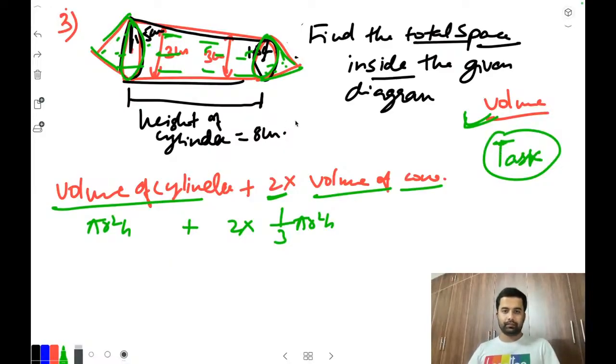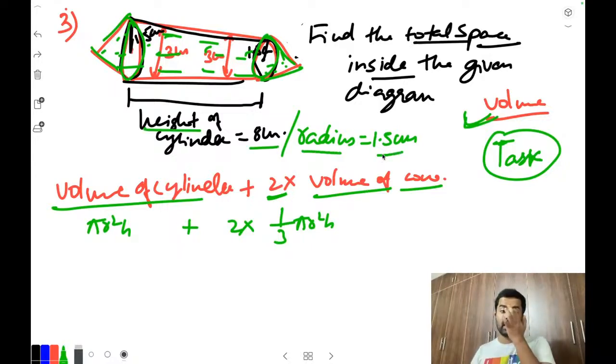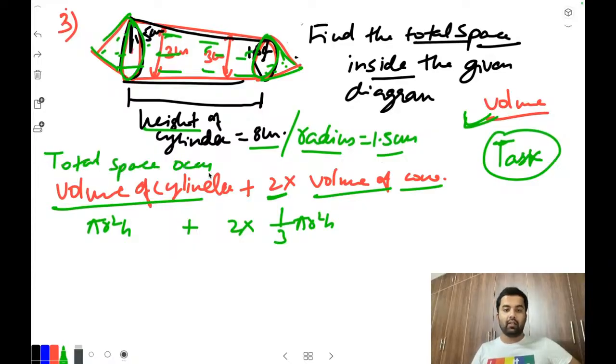Height of cylinder is given, and radius is also given, 1.5 centimeter. All the values I kept. Total space occupied stands for volume of cylinder plus 2 into volume of cone. You will get the total space occupied inside.